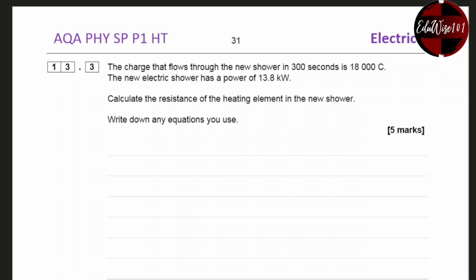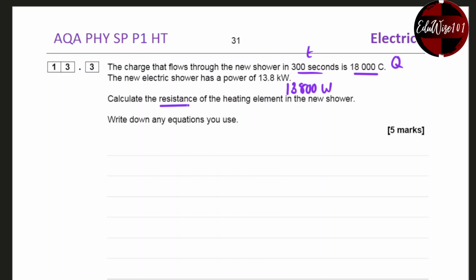The charge that flows through the new shower in 300 seconds, so that will be the time, is 18,000 coulombs. That is the charge. The new electric shower has a power of 13.8 kilowatts. If I change that to watts, that's times 10 to the power 3, multiplied by 1,000, 13,800 watts.